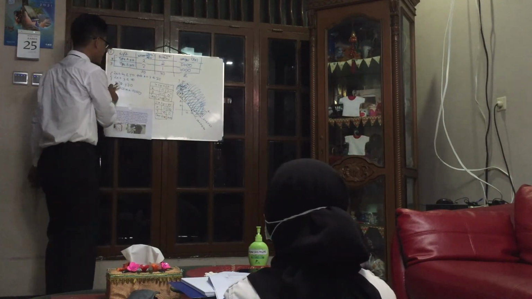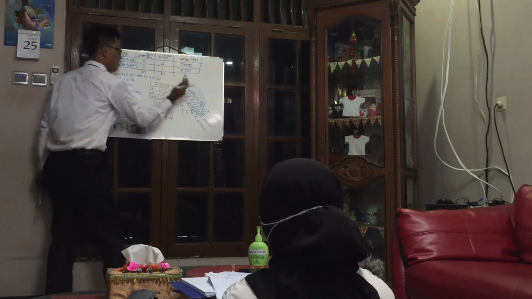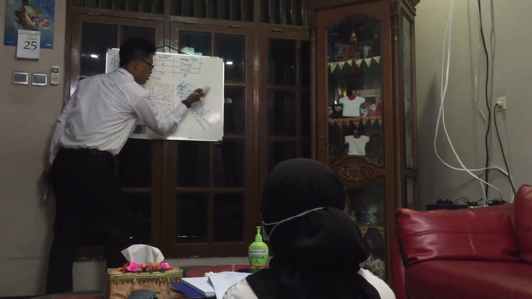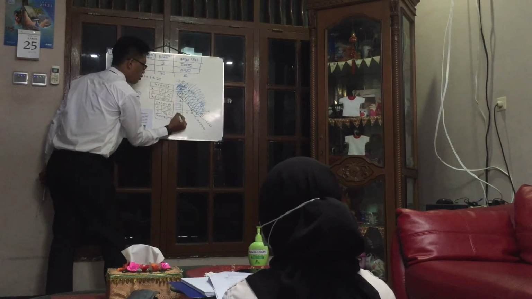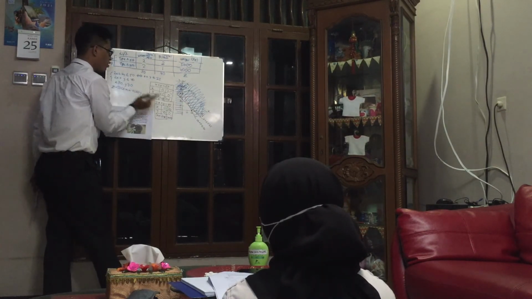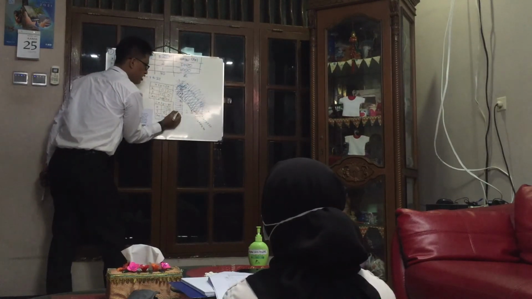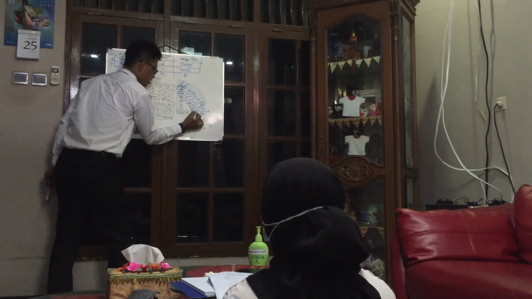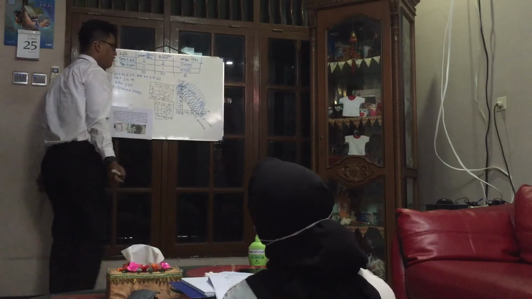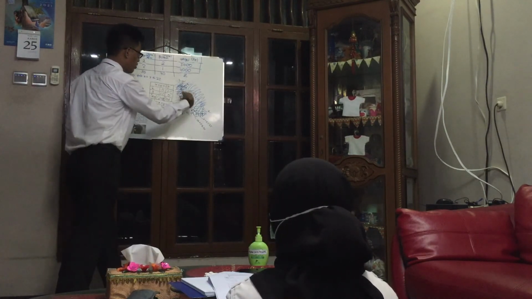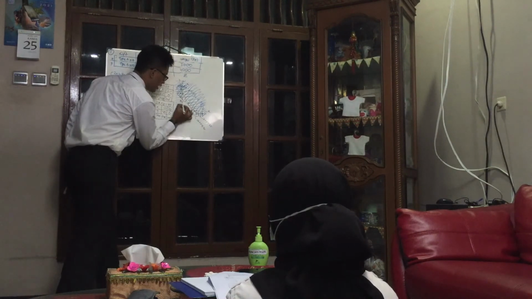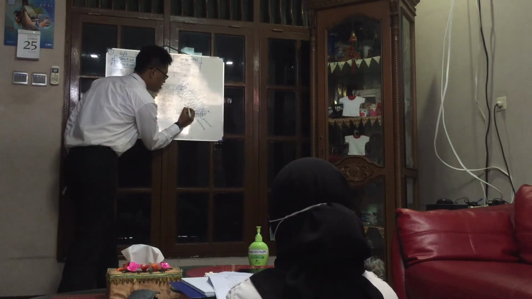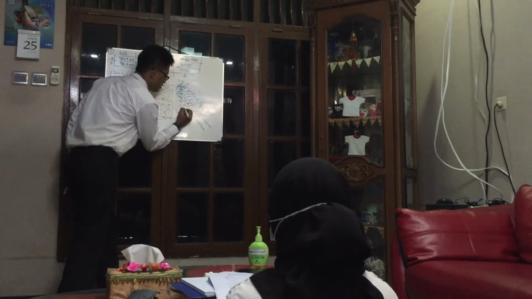Don't forget x more than or equal to 0, so we shade the otherwise, and y more than or equal to 0, so we shade the otherwise. Okay, we have the remaining shaded area. Here is the solution region. So the second step is complete.